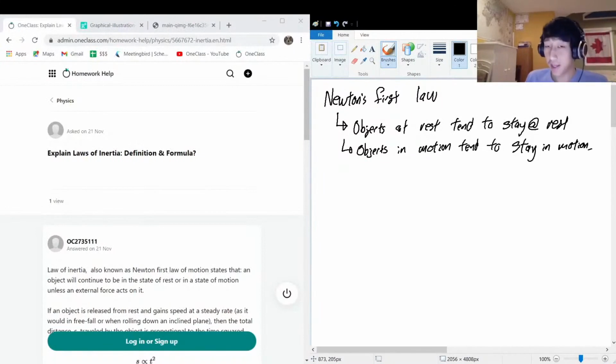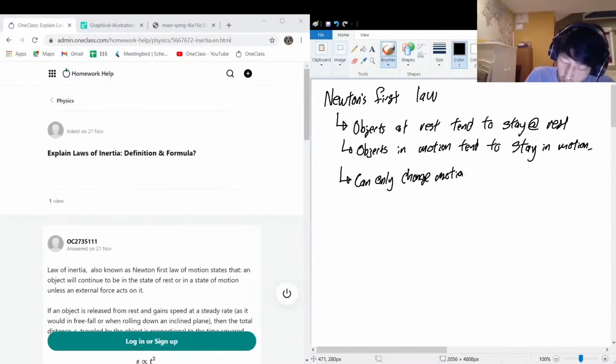The only way to change the motion of something is with a force. You can only change the motion of objects with forces.